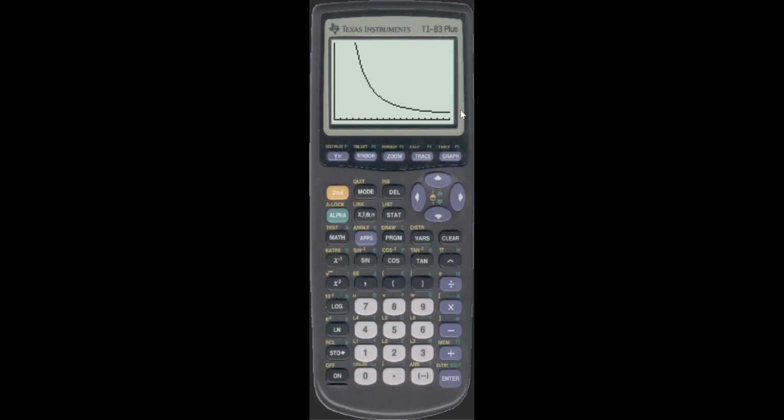Now I didn't go out far enough on mine because this thing's supposed to come back up. And I don't actually need to go that high on my Y. So I'm going to go back to my window and make another guess. So my X max, I'm going to go out to maybe 100 this time. And then the Y max, we'll just go 200 on that.